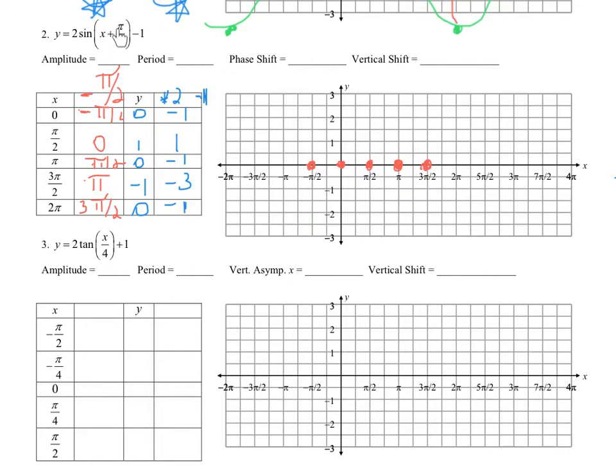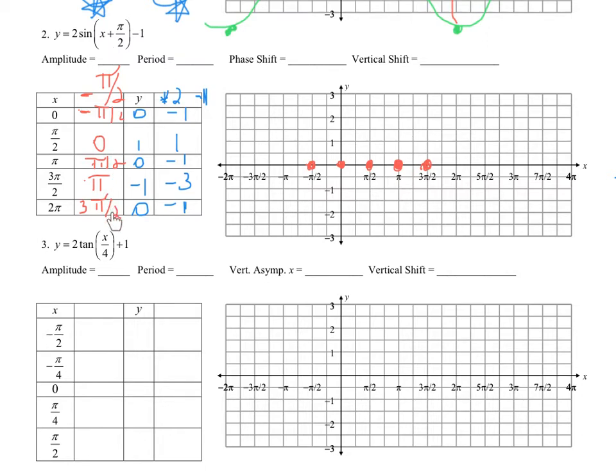Right here, I have a change to the angle. This is called a phase shift. Anytime I'm adding or subtracting some angle from my angle that I already have, then I have a phase shift. Since this says plus pi over 2, I'm actually going to subtract pi over 2 from my angle.